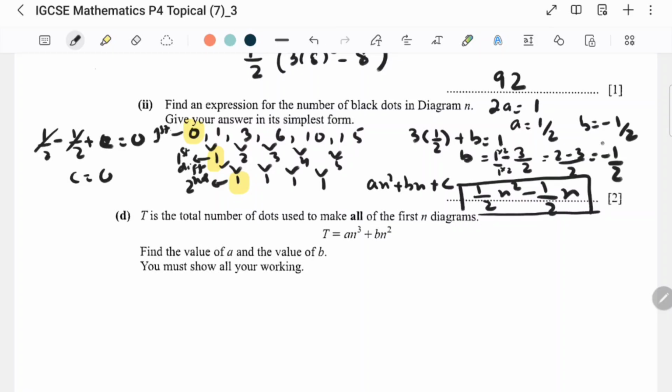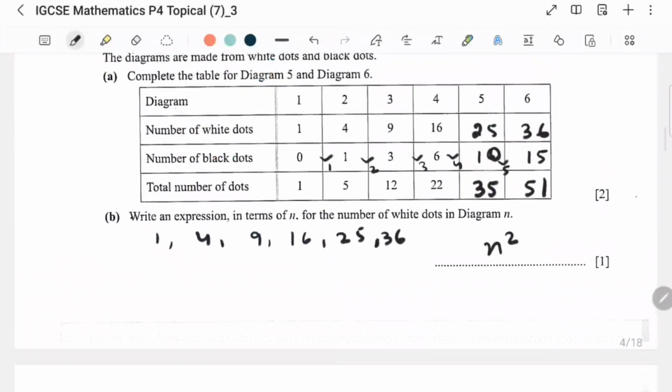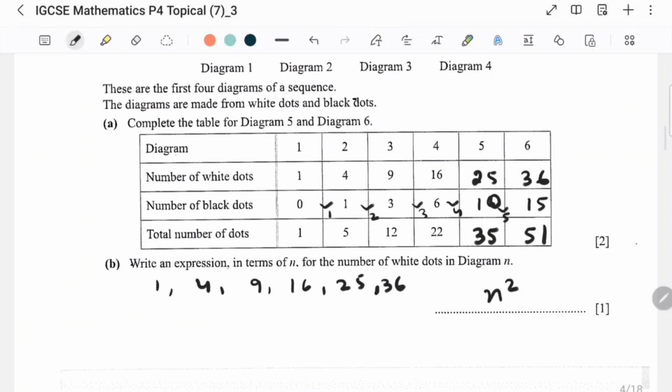So we'll have the number of the first n diagrams, the total number. For the total number, in the first diagram the total number of dots is 1.